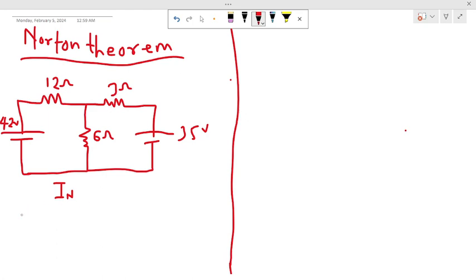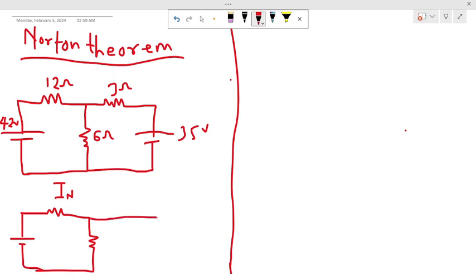So we redraw this circuit. Bear with me as I draw the circuit. So we draw this 12 ohm, back to the source.